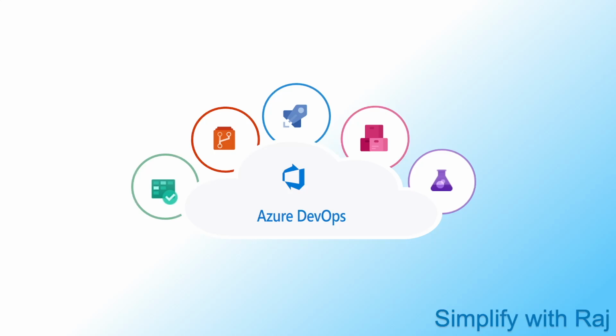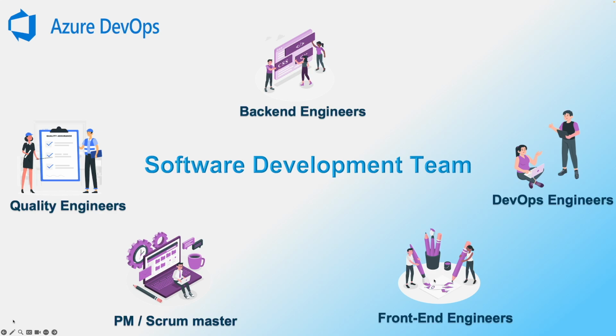Let's start cracking on. A software development team is a combination of back-end engineers, quality, front-end, DevOps, and Scrum Master. To enhance their productivity, collaboration, and make the project successful, they need a number of tools to work with apart from the editor such as Visual Studio.